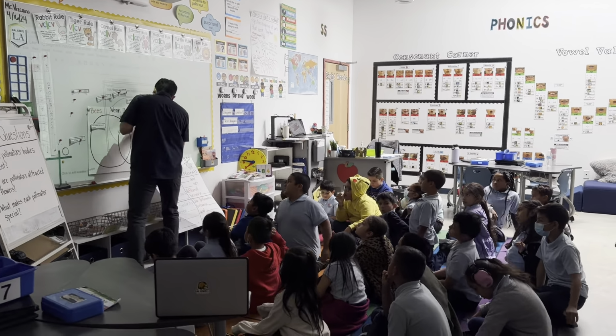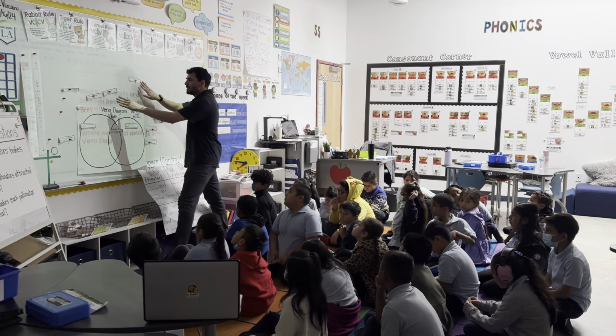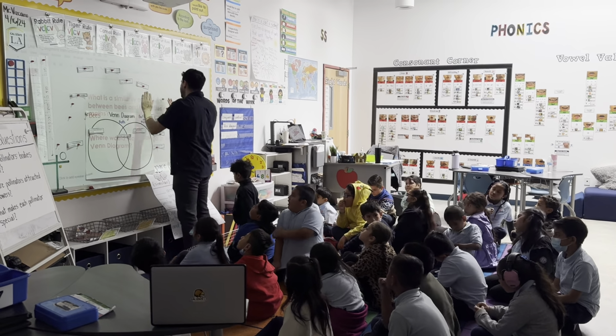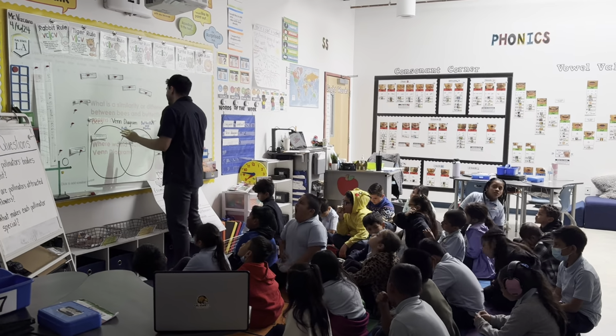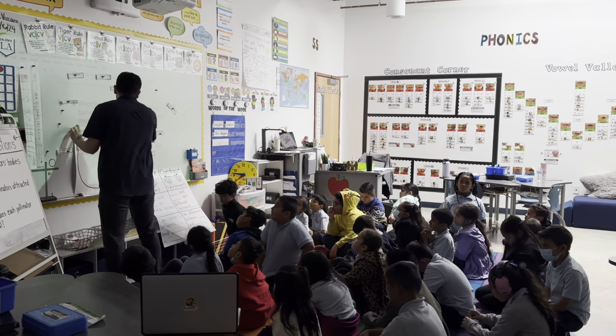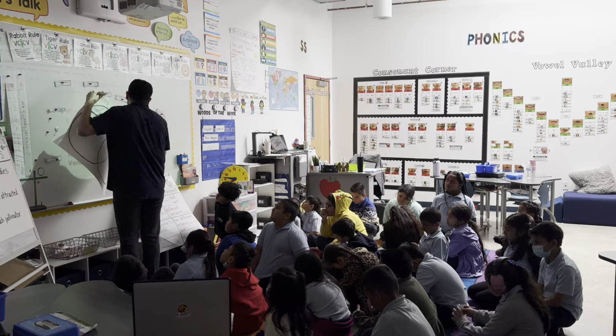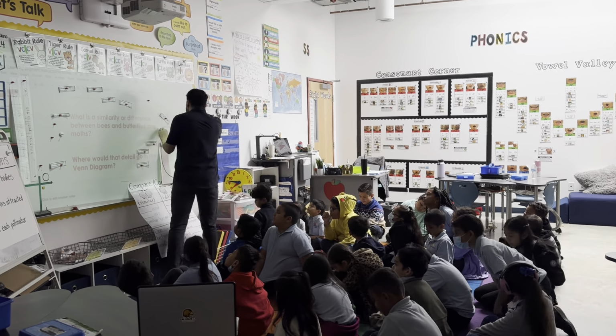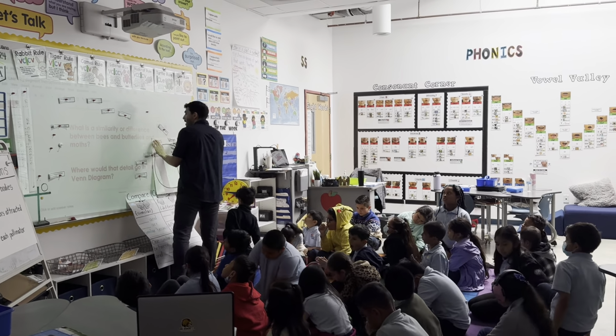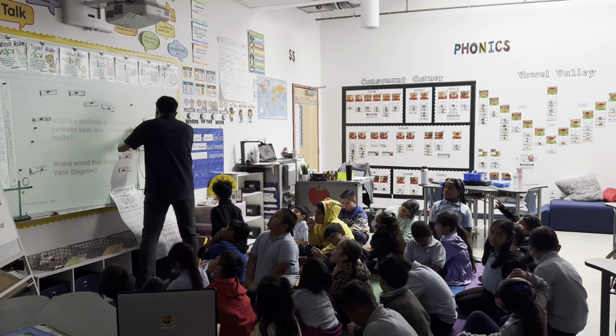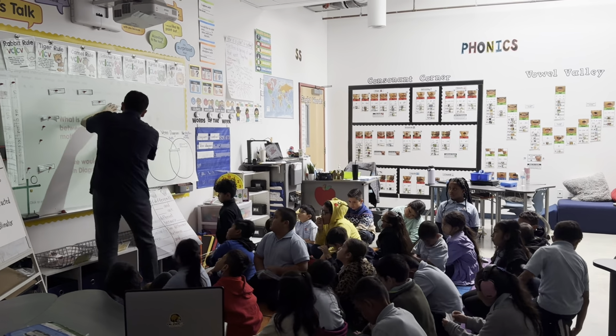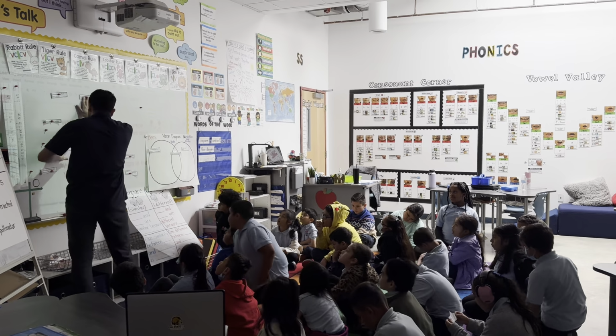So what you're going to do right now is take a moment and figure out what is a similarity or a difference between bees and butterflies and moths, and where that would go on our Venn diagram.